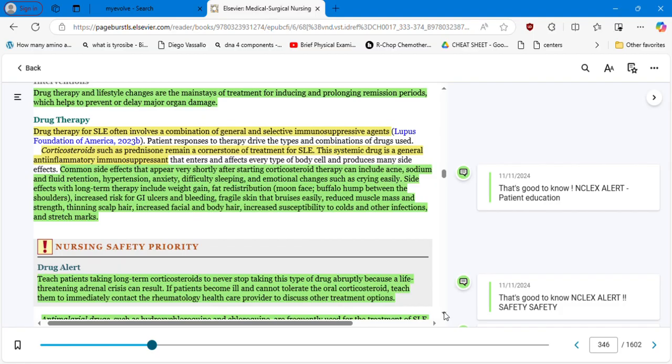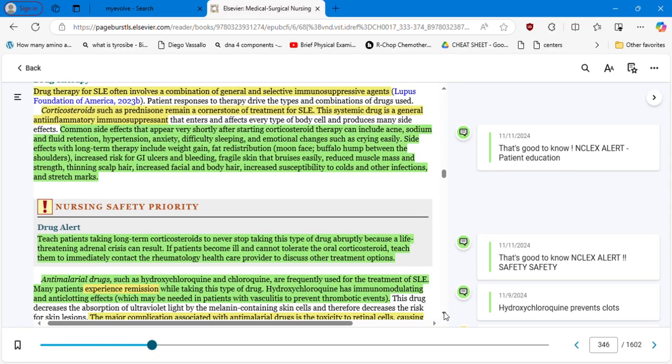Corticosteroids, we already spoke about this, is a systemic drug and is a general anti-inflammatory immunosuppressant. Common side effects that appear very shortly after starting corticosteroid, and this is good to know. You need to refresh your pharmacology in terms of steroids, right? Acne, sodium and fluid retention, hypertension, anxiety, difficulty sleeping, and emotional changes such as crying easily.